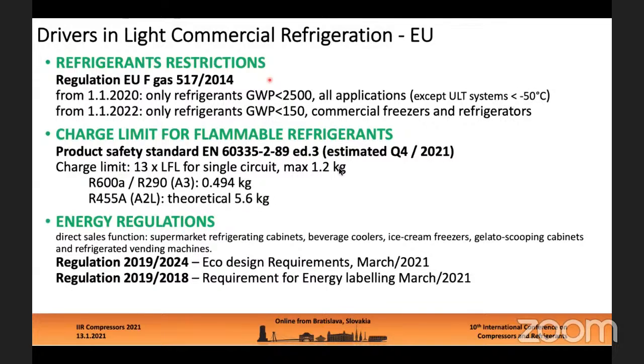What does it mean? It means that from 2022, for most of the light commercial systems, flammable gases will be used, or hydrocarbons, or low GWP A2Ls, if you don't consider CO2 for very large systems.